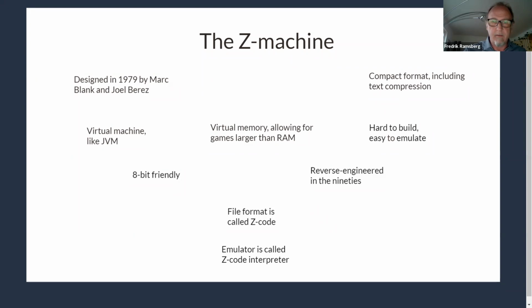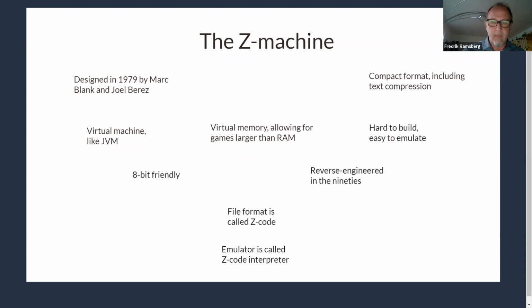This was the first implementation of virtual memory or paging on a microcomputer that we know of. And it was designed to run well on 8-bit machines, which means even today when we're trying to get a rather powerful platform to run text adventures, at least on 8-bit machines, this is still a good fit.